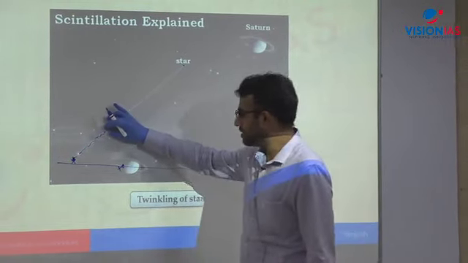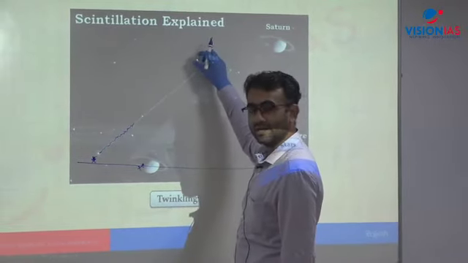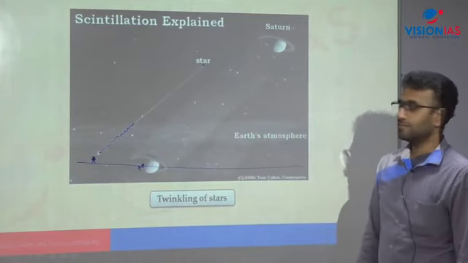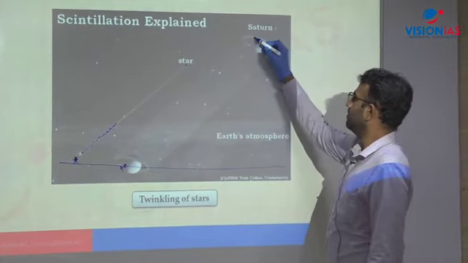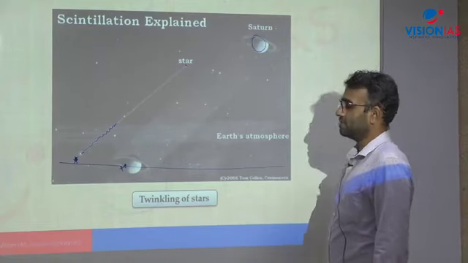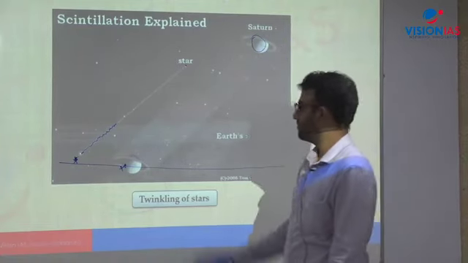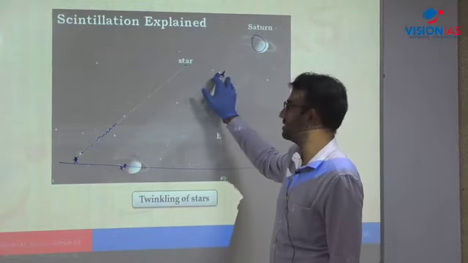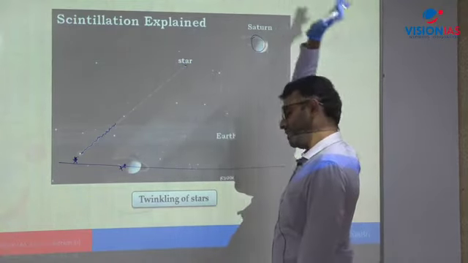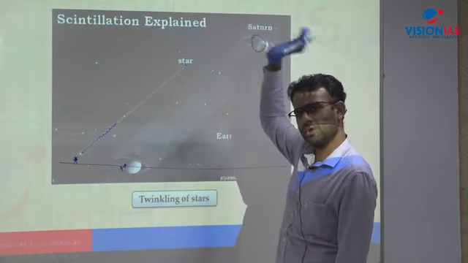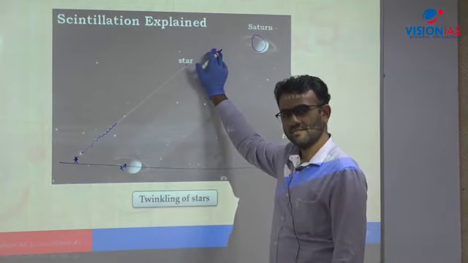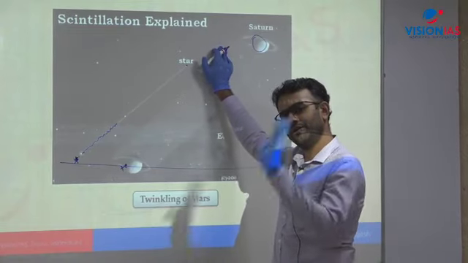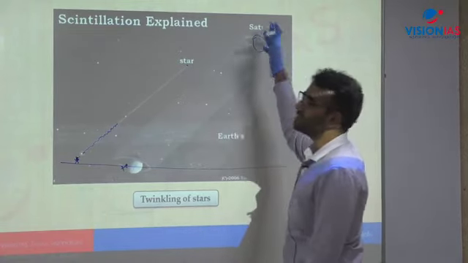So because of this we think that the stars are twinkling. But any planet which is near to the Earth, even though in the sky we won't be able to see the difference in the distance, the stars are located at a very long distance, very far, millions of kilometers, but the planets are very nearby.